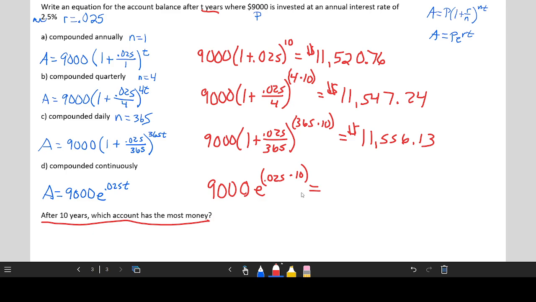And so if you have a scientific or graphing calculator, you should have an E button. E is an irrational number. So it's kind of like pi or square root of 5, where it's just going to be a really long, never-ending, non-repeating decimal. And so your calculator should have an E button that you can use for this one.